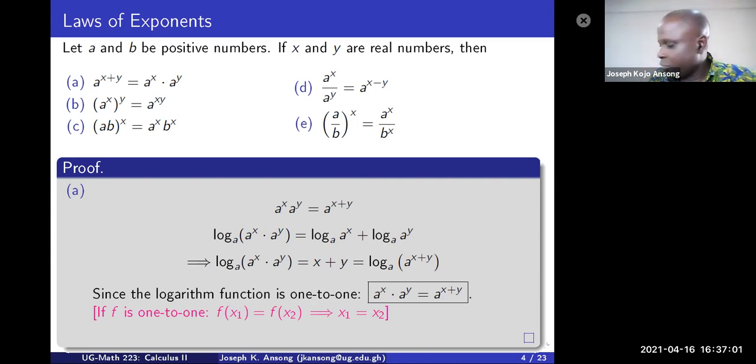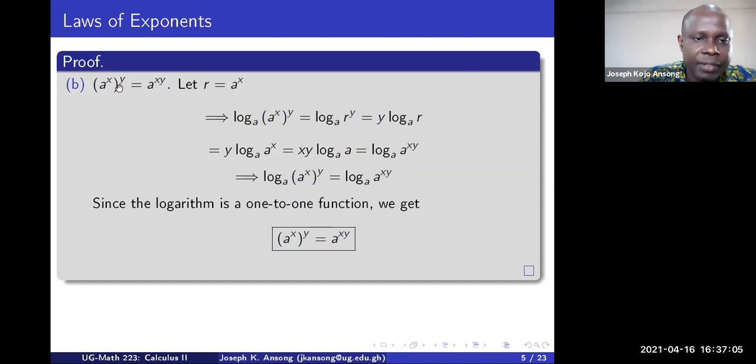We can also prove the second one, a to the x all to the y is a raised to the power of the product x times y. Okay, so we're going to let r be equal to what is in brackets here. Let r be equal to a to the x and take the log of this. So log to the base a of r to the y, that is basically this guy.